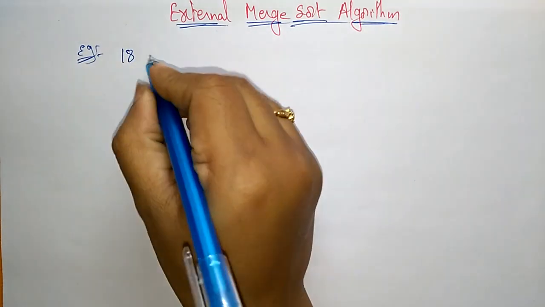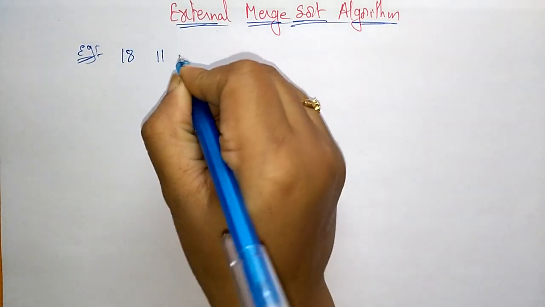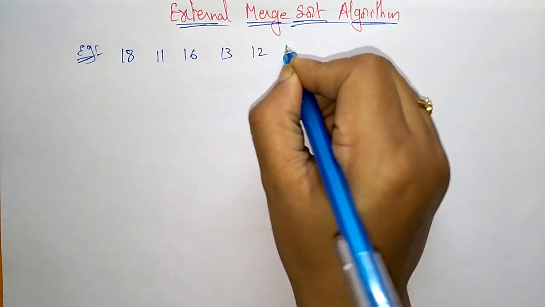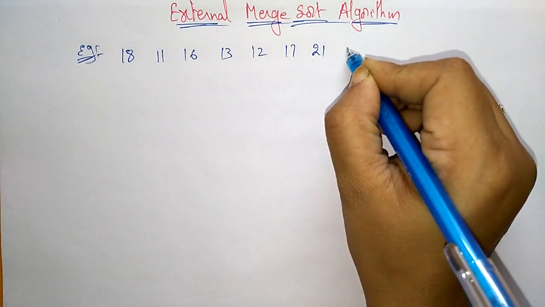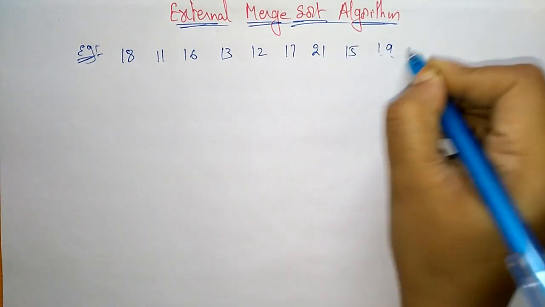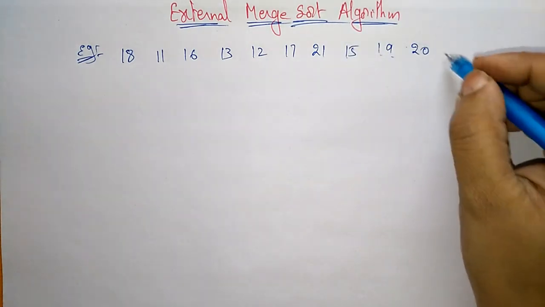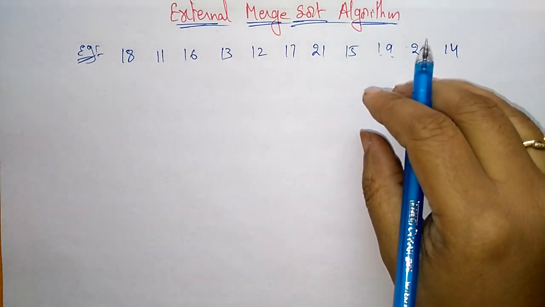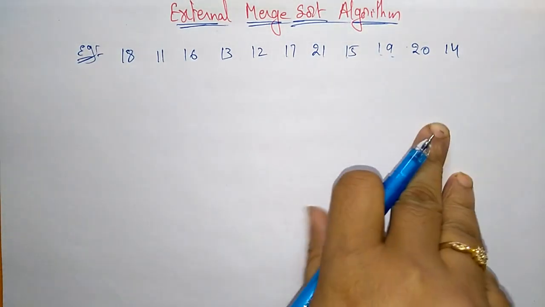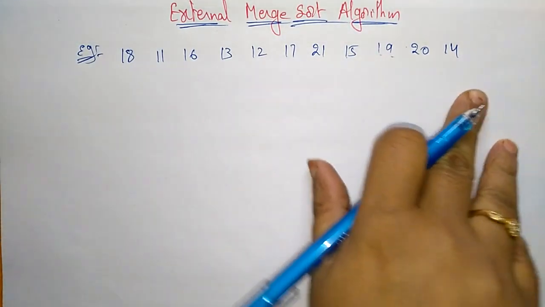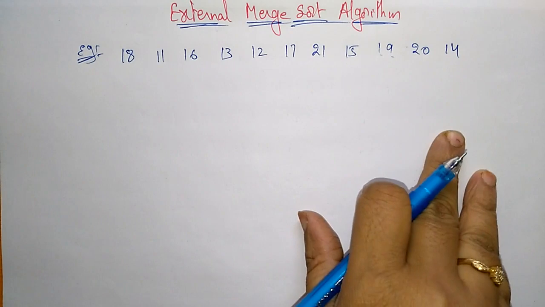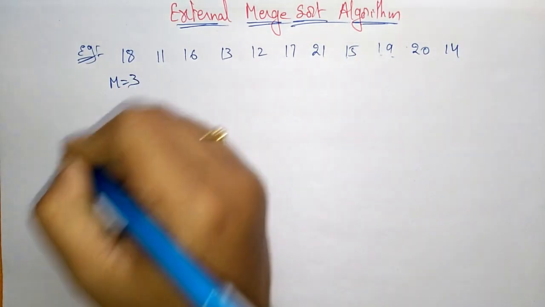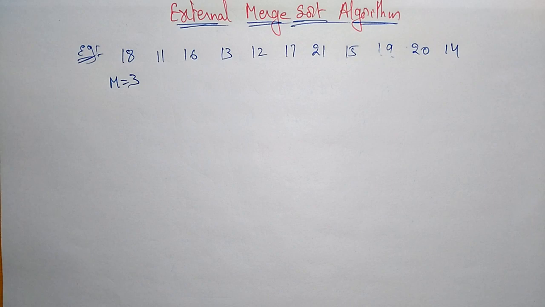The elements in the database are 8, 18, 11, 16, 13, 12, 17, 21, 15, 19, 20 and 14. This file contains the unsorted data. Let us take M as 3.